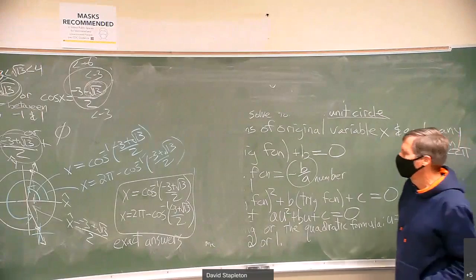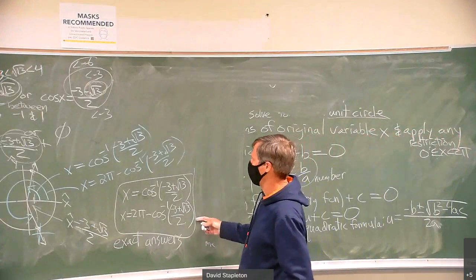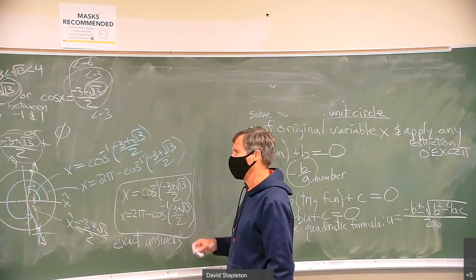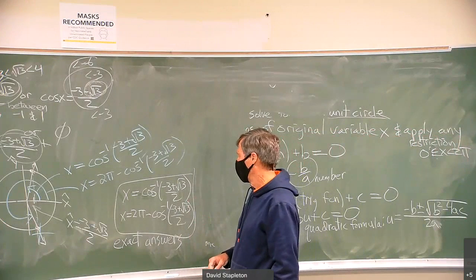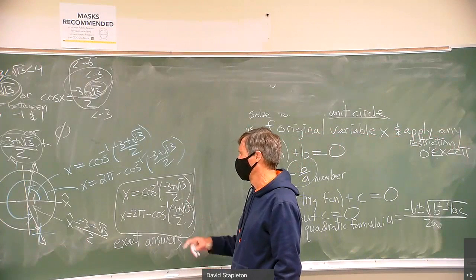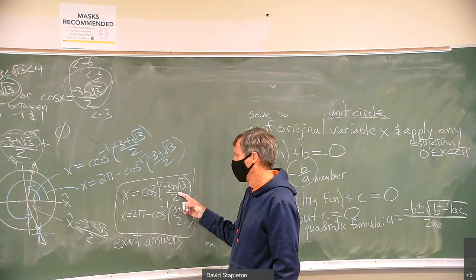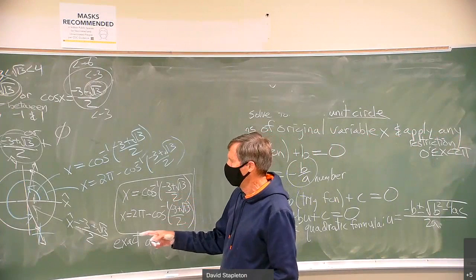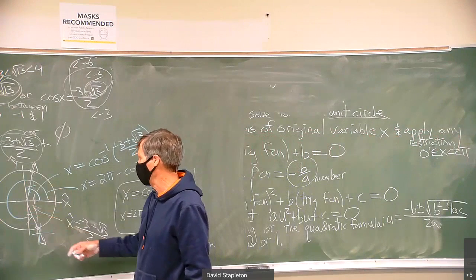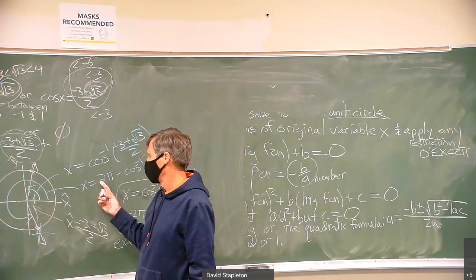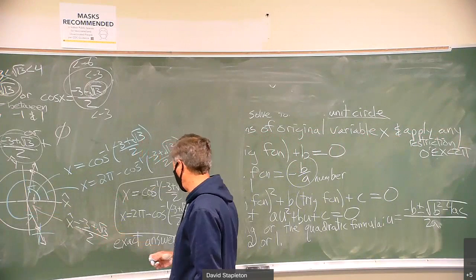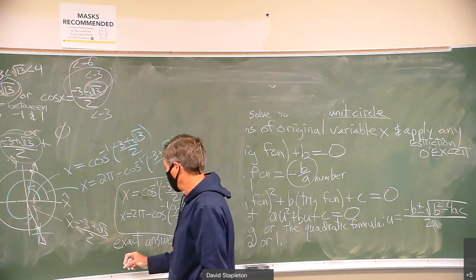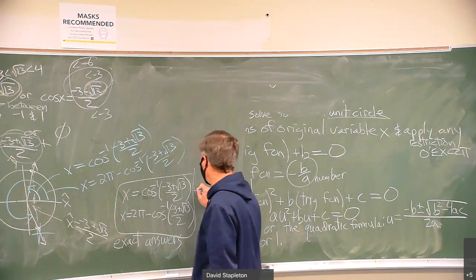Okay. Now we get down to the last part that says now we have to apply any restrictions. I don't have to apply any restrictions here because the angle was just x and I got all the answers between 0 and 2 pi. If the angle had been 2x or 3x or a half x or something, I would have to check. I would have to add plus 2k pi.